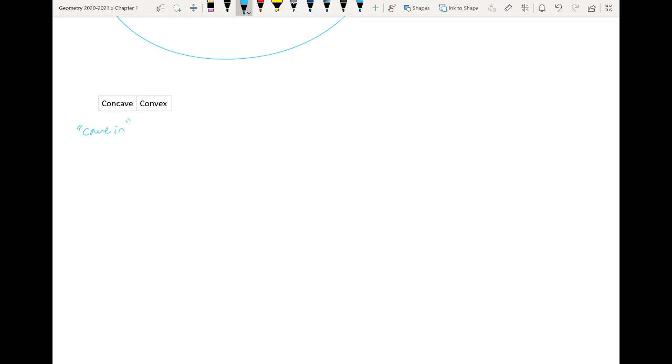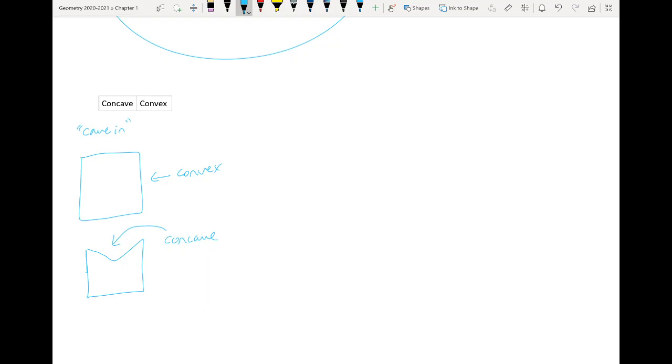So in your mind, the traditional polygon looks something like this, which kind of resembles a square. But if I were to punch in the side of it, the first guy is convex, and this guy here is concave.